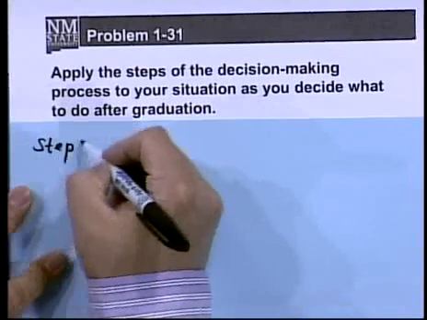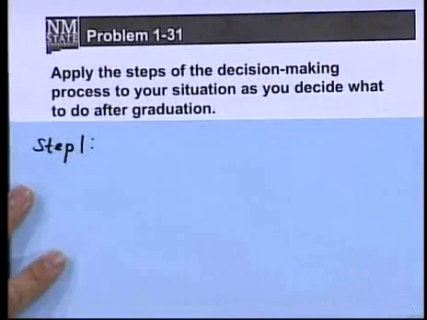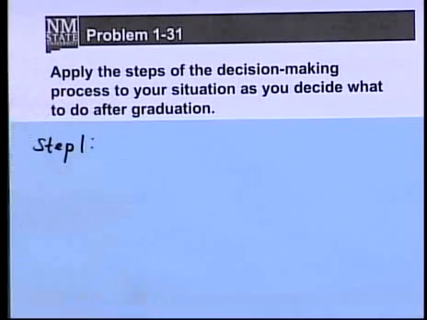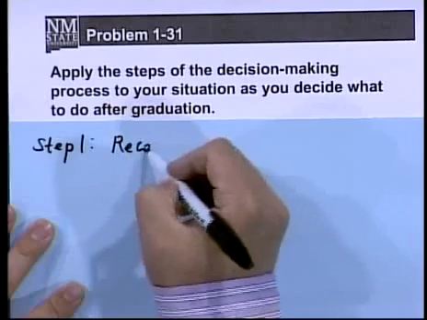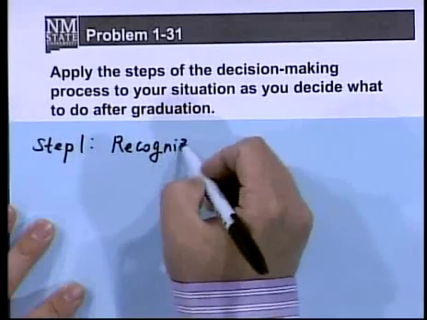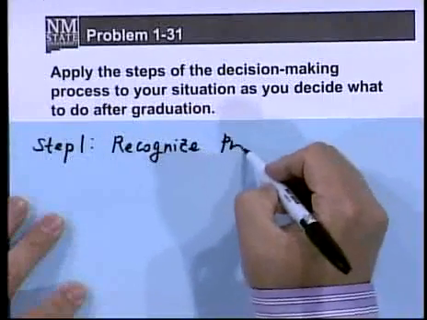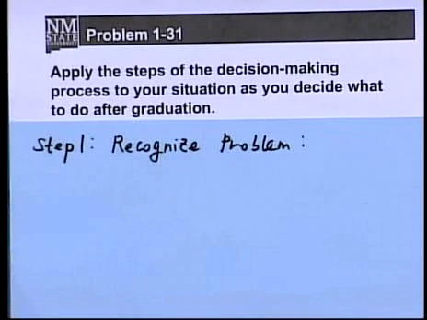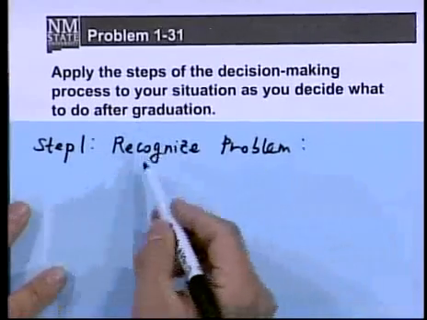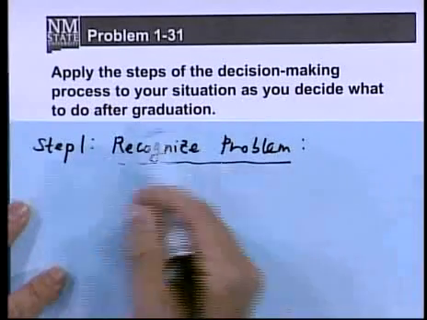So, step number 1 is recognize problem. Right? So, you are going to graduate, and you need to decide what you are going to do. That is recognizing the problem, right?